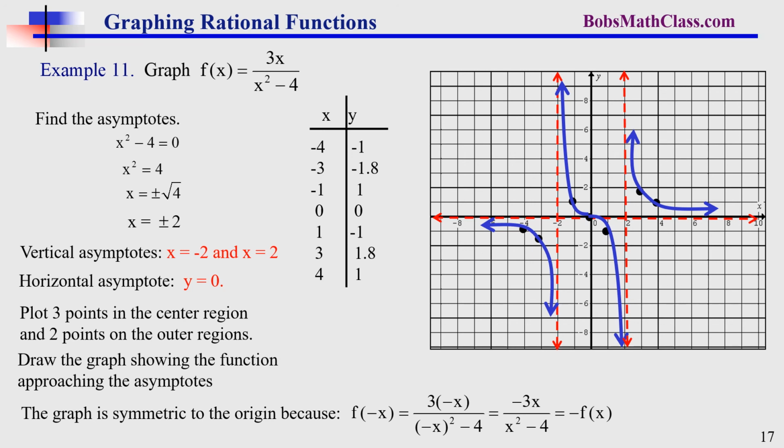So if you take any point on our graph and reflect it across the origin, you'll get another point on another part of the graph. Right. So just a little fact about this one.